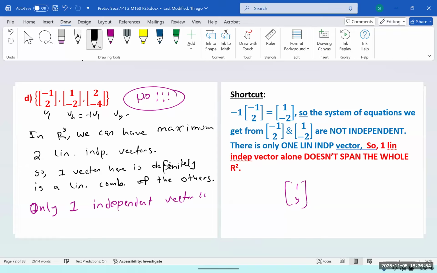Then our V3 is -2 V1, right? So there's only one independent vector, and if you only have one, it doesn't span. It's just a line. It doesn't span the entire R2. In order to span the entire R2, you have to have two independent vectors, not one.